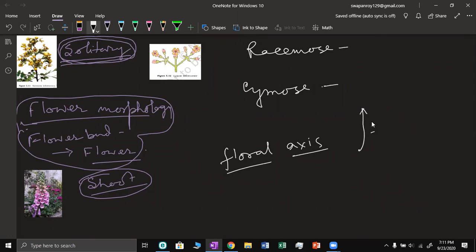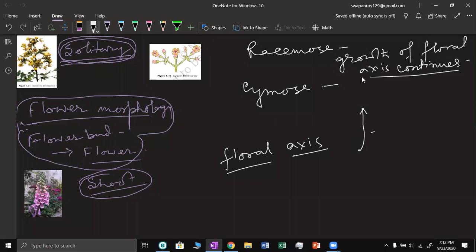In racemose, the growth of the floral axis continues and it keeps on producing flowers laterally. In the cymose, the growth of the floral axis stops with the appearance of a single flower.